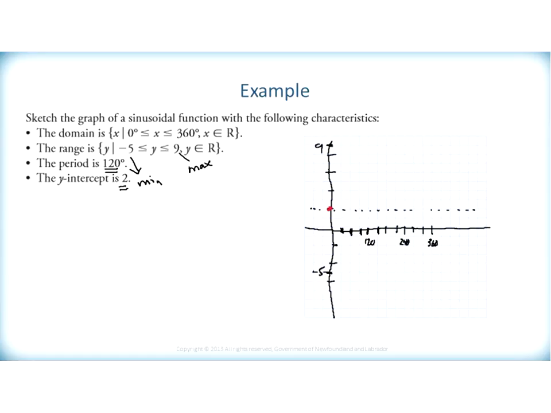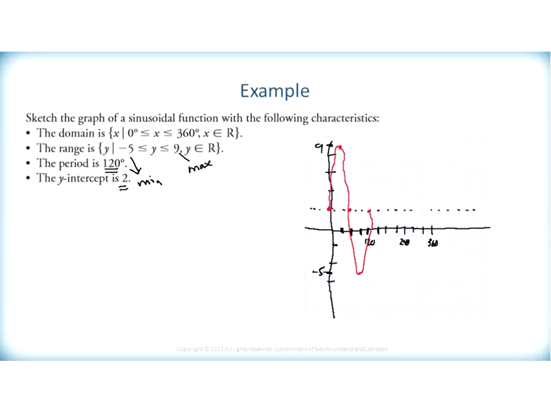And our maximum, that's our next point, is 9. Then our next point will go back to our midline. And then we're down to our minimum. And then back to our midline. So we're looking at the graph like this. We want to do it till we get to 360.